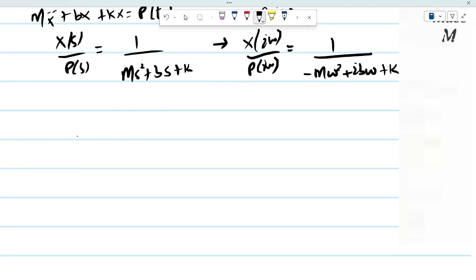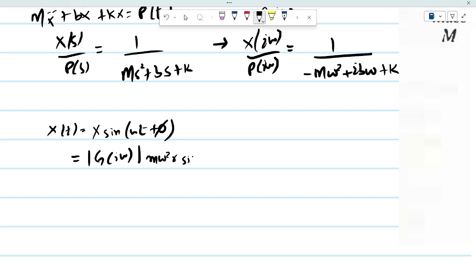Let's rewrite this part. We know the total solution of our system, as we have seen earlier, would be equal to x sine of omega t plus phi, where this is equal to the magnitude of the transfer function into the force m omega square r sine omega t, minus tangent inverse of b omega divided by k minus capital M omega square.